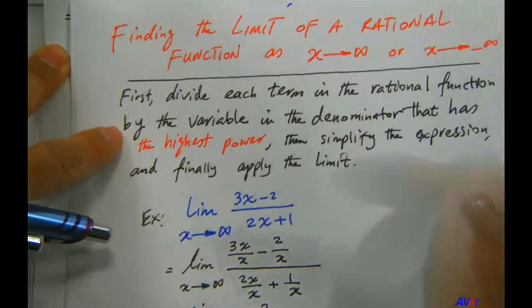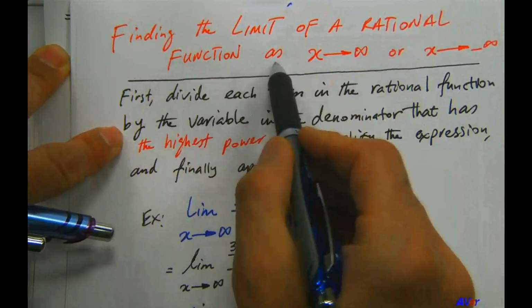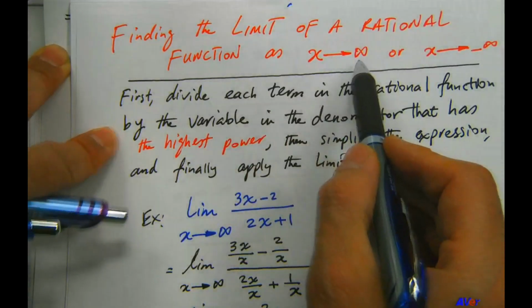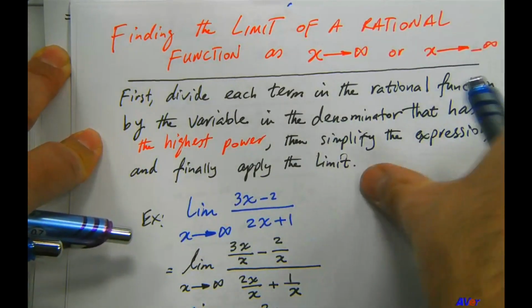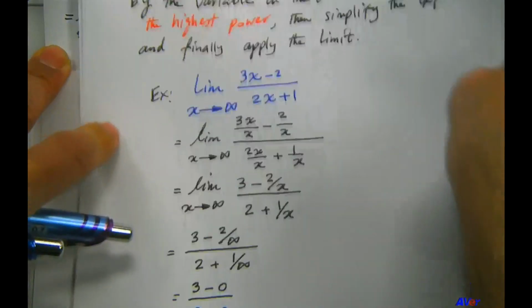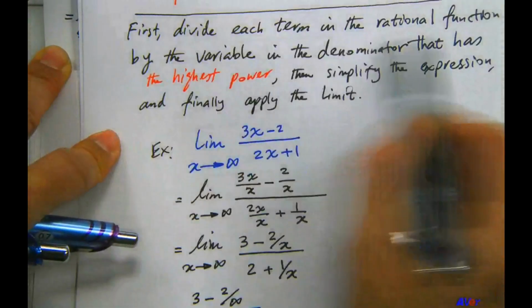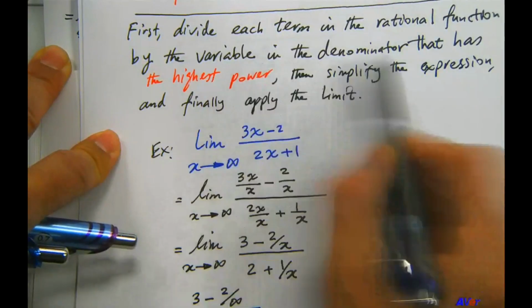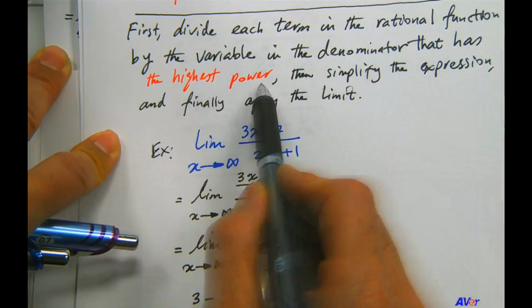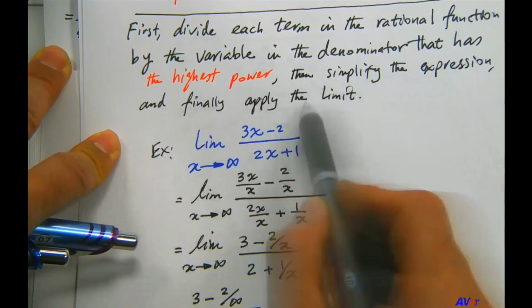What did we have? Finding the limit of a rational function as x approaches infinity or negative infinity. What did we have to do? We had to first divide each term in the rational function by the variable in the denominator that has the highest power, then simplify the expression and finally apply the limit.